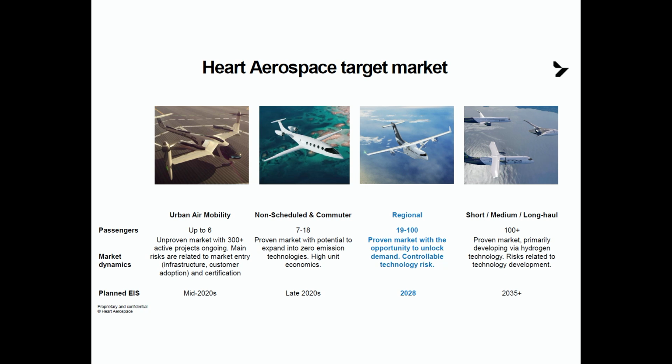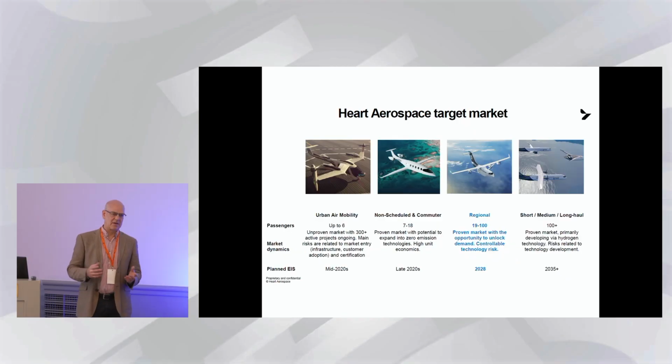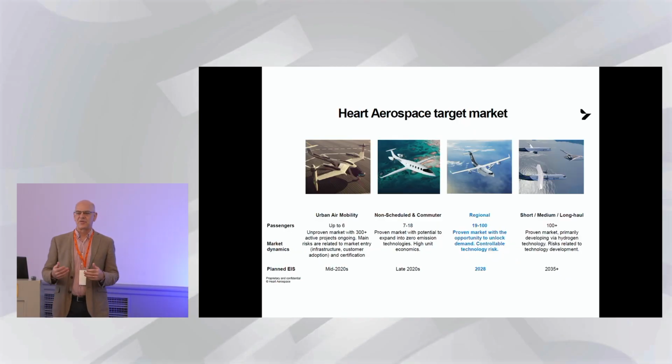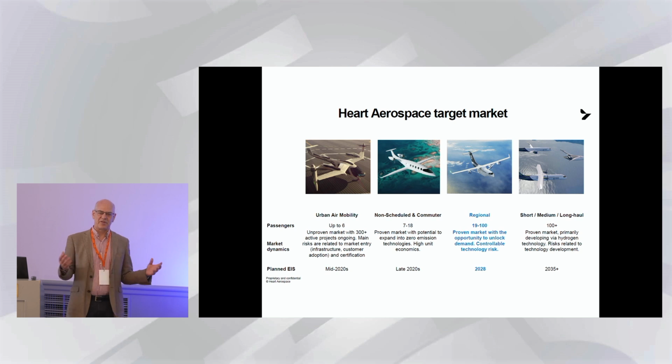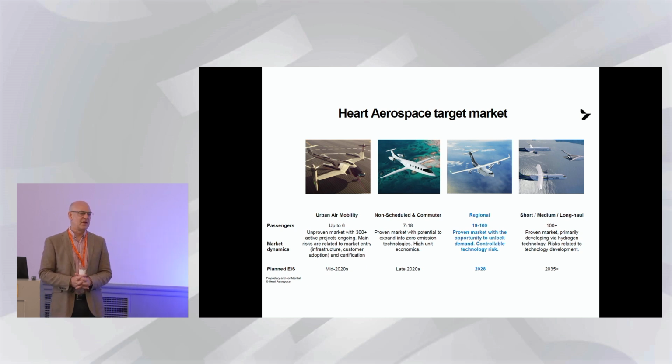We focus on the regional area here, which is an existing market, which has been bigger and has decreased. And we are here to unlock a bit of the demand by going electric, to start using more local airports. One of the things is that we could be a commuter into bigger airport hubs, and we think that is interesting to do emission-free and with less noise.